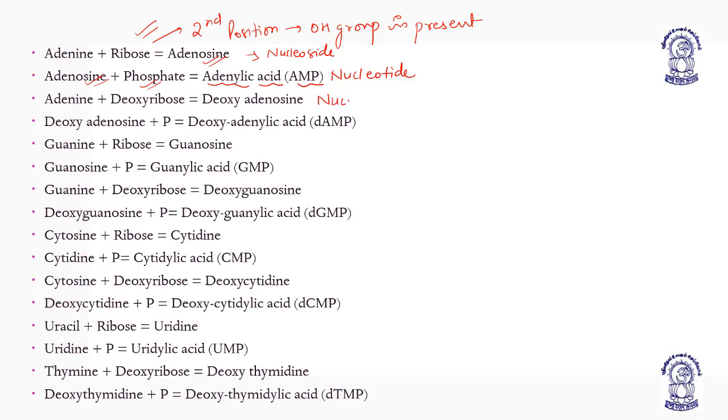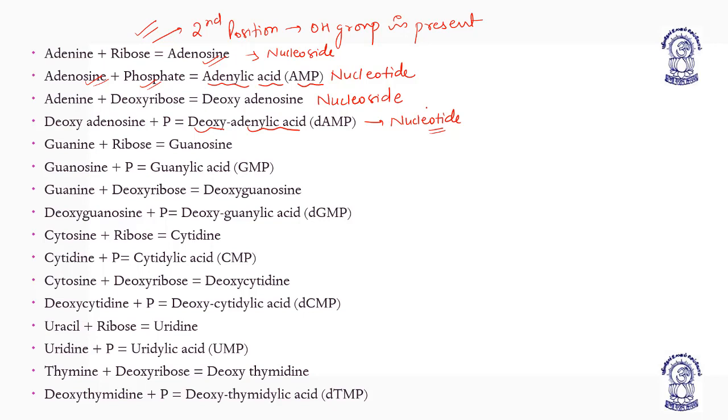Then adenine plus deoxyribose gives deoxyadenosine. This is a nucleoside. Then deoxyadenosine plus phosphate becomes deoxyadenylic acid, a nucleotide. So when ribose combines with adenine it becomes adenosine. When deoxyribose combines with adenine, deoxyadenosine.